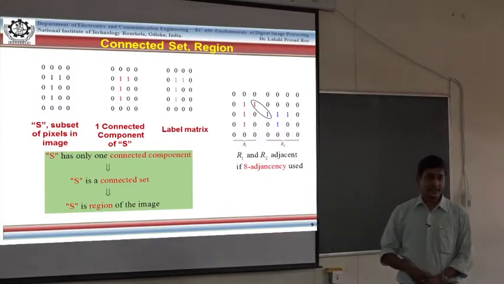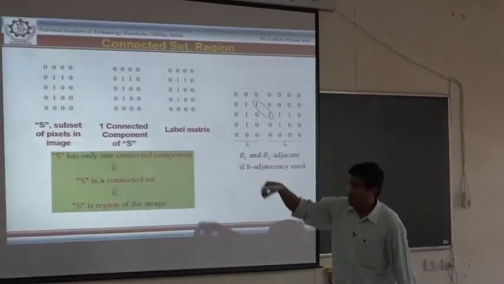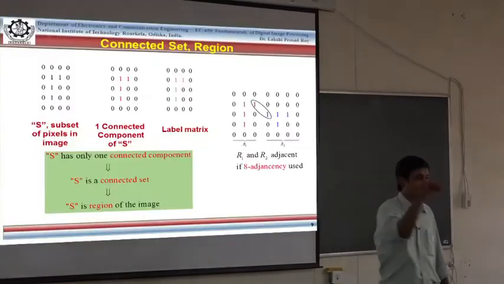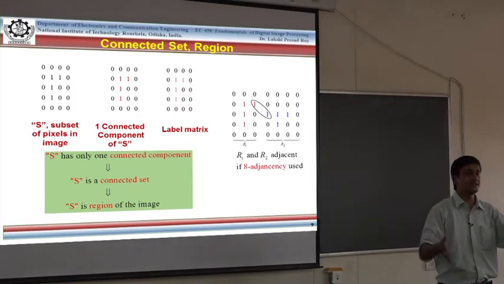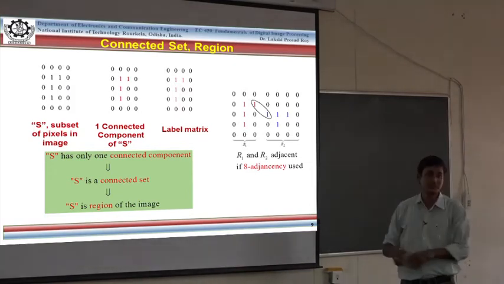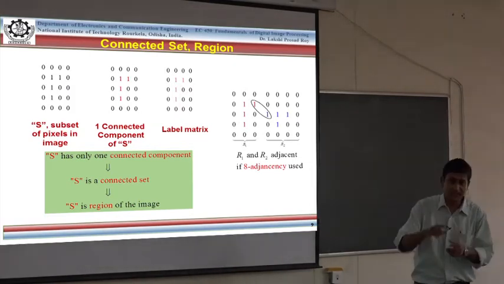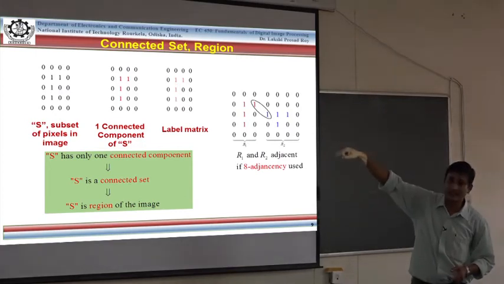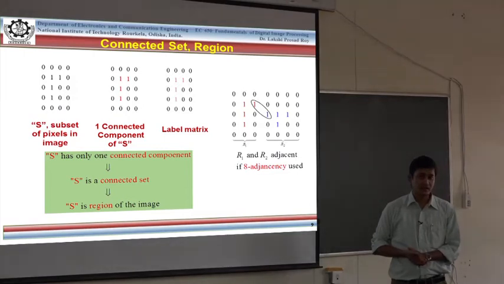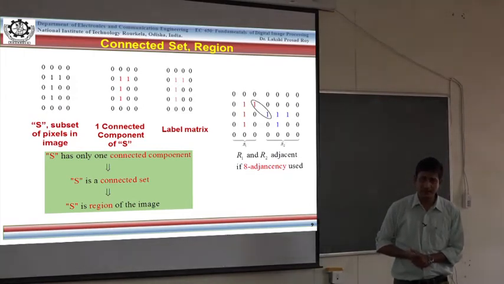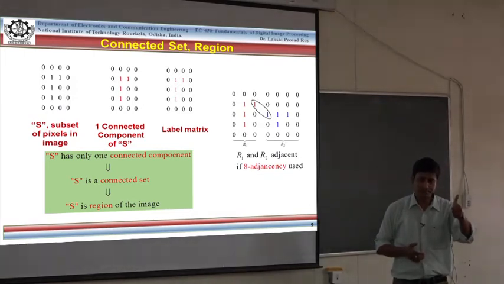Now, say the locations of those are put to a set, which is actually a subset of the bigger set, if the bigger set is the actual image, or the previous image, and of that one subset S is taken there in this fashion. If you go for searching here, how many connected components will you find? Only one.